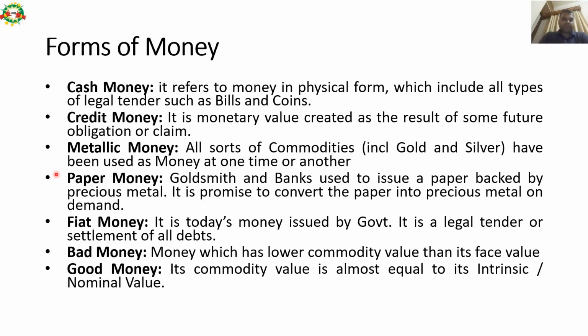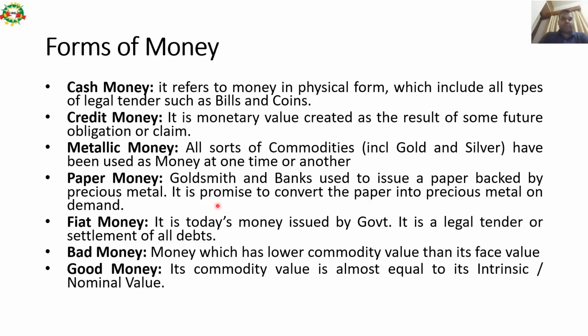Metallic money: all sorts of commodities, including gold and silver, have been used as money at one time or another. Please remember this definition. This is very confusing. With metallic money, people presume that it is only gold or silver. However, it is all sorts of commodities which have been used as money at one time or another.